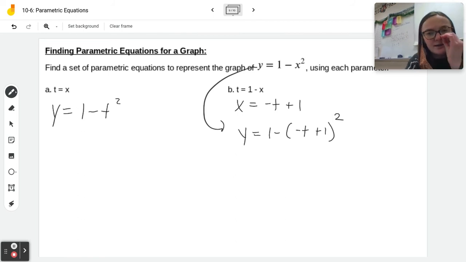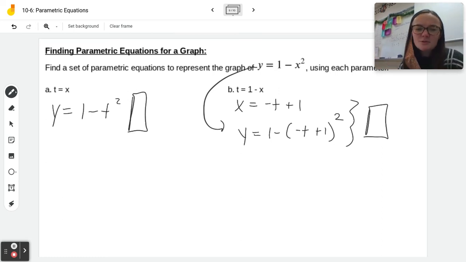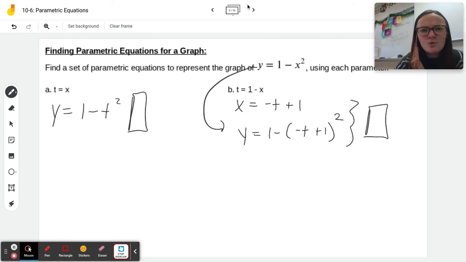And so this right here would be the parametric portion. We'd have x is equal to negative t plus 1, y is equal to 1 minus this. So we could plug that into our calculator and graph that parametrically. And we could also graph this one parametrically. Notice how the domain restrictions shouldn't be restricted at all because x squared is true everywhere, and so is t squared.